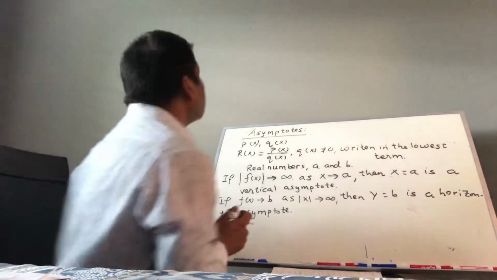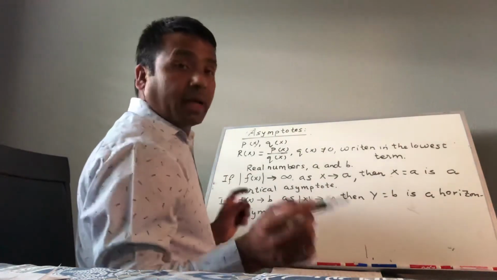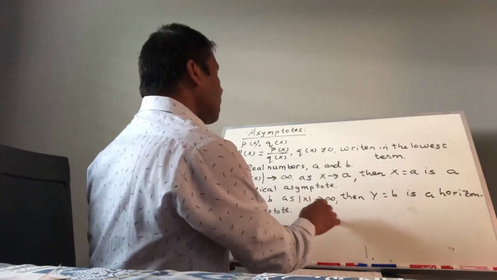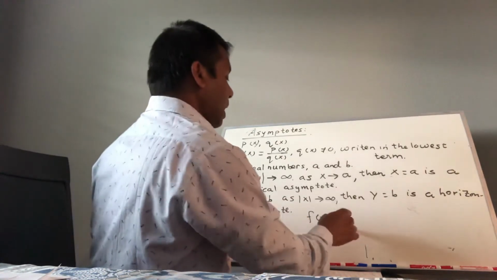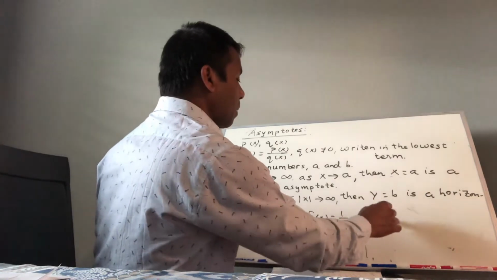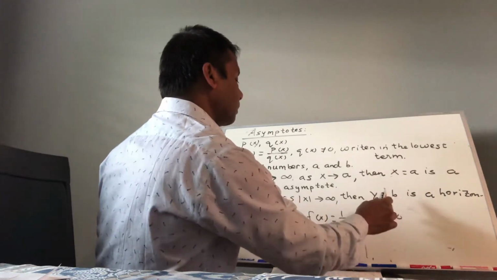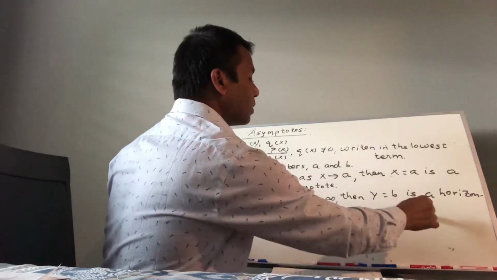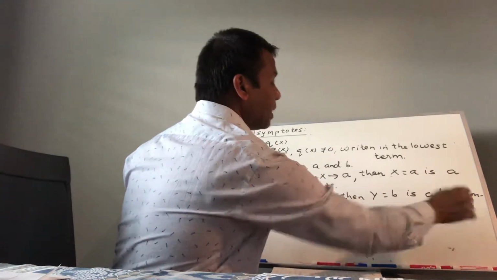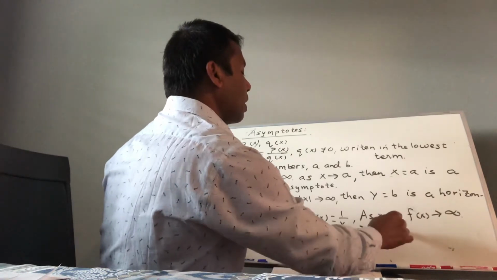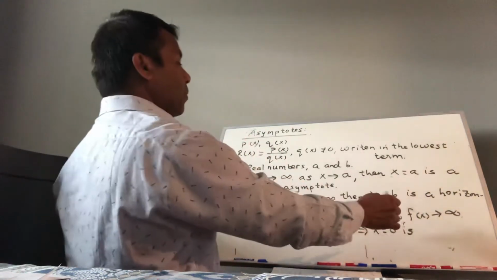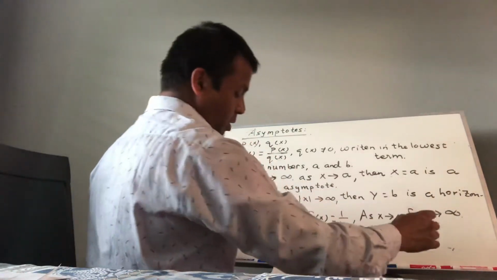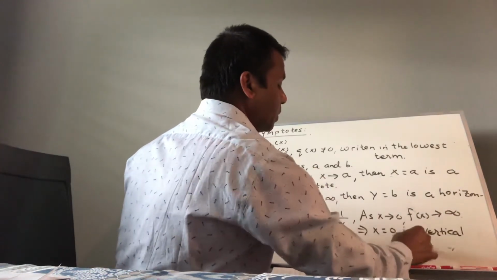Okay, now let me give you a simple example. You know the reciprocal function 1 over x, and you see that as x approaches 0, f(x) approaches infinity, right? So that means x equal to 0 is a vertical asymptote.